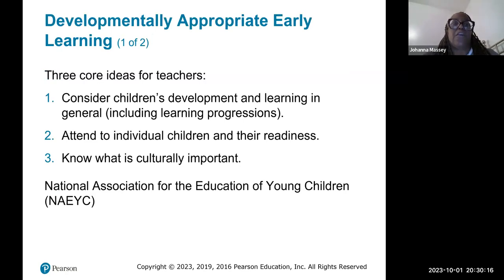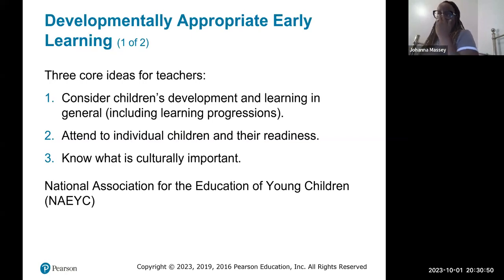Developing appropriate early learning. Here are the 3 core ideas for teachers. In this book, chapters start off talking about the 3 core ideas for the particular chapter, 3 things that they feel are important. And here they are: consider children's development and learning in general. Attend to individual children and their readiness.